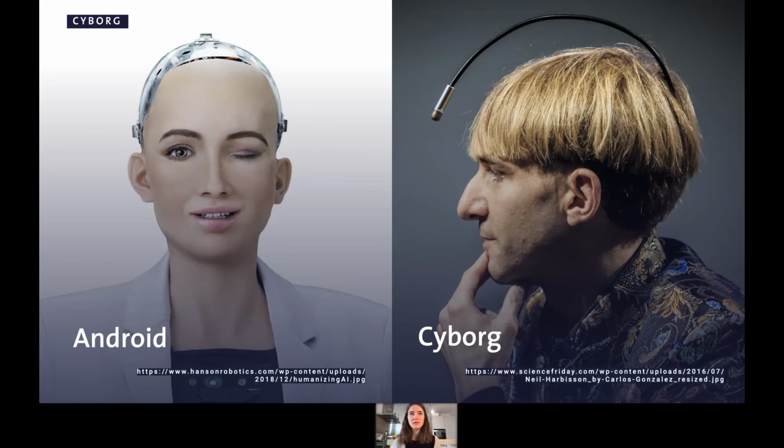And so he's not seeing colors, but he's hearing colors. And different faces have different melodies for him. And he is also like the robot Sophia. He's also the first officially allowed cyborg, because he also has his antenna officially on his ID picture and in the passport, which was, I think, a milestone.